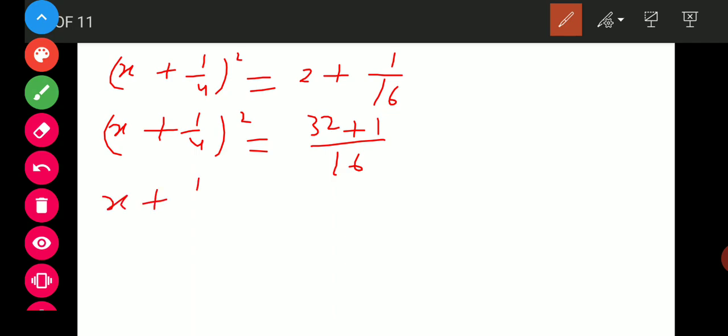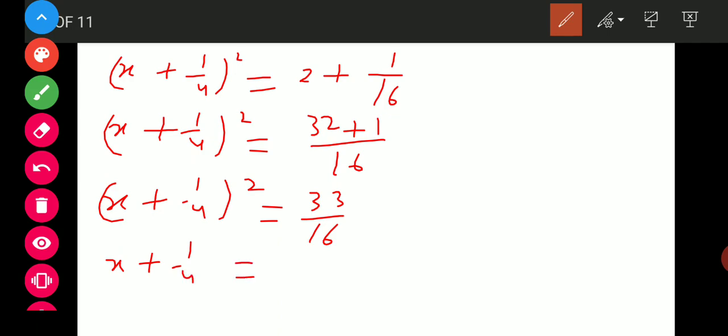So x plus 1 by 4 whole square is equal to 33 by 16. So we get x plus 1 by 4 is equal to plus minus under root of 33 by 16.